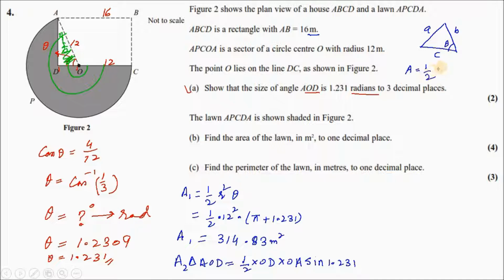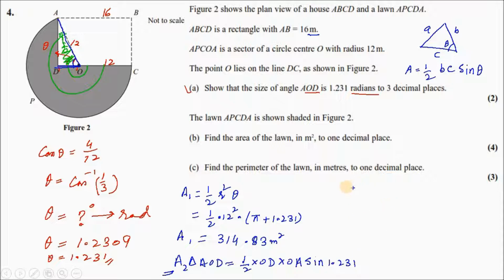So half of B into C sine of theta. That's how I'm using it, because I know that this is 4 and this is 12, and this angle is included between these two sides. So half of the length of OD and the length of OA times sine of theta. That's the formula that I use here.